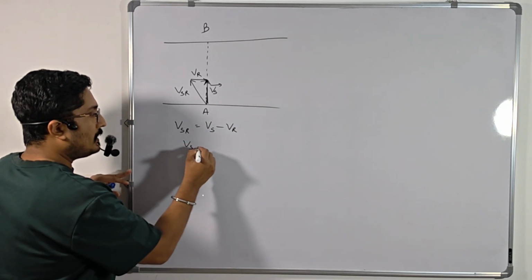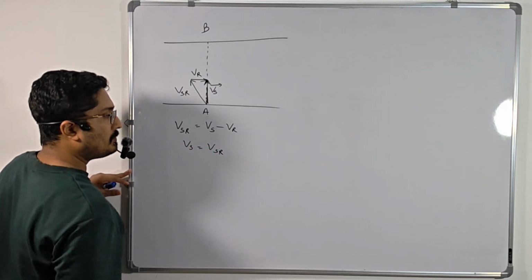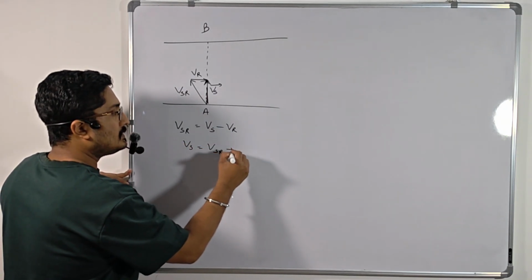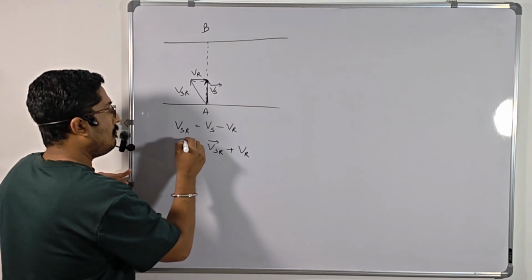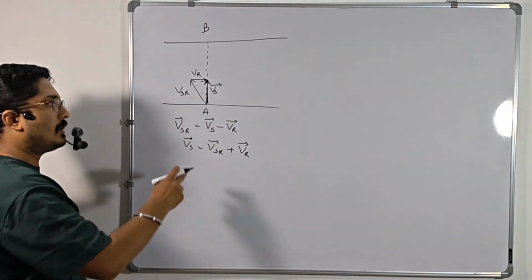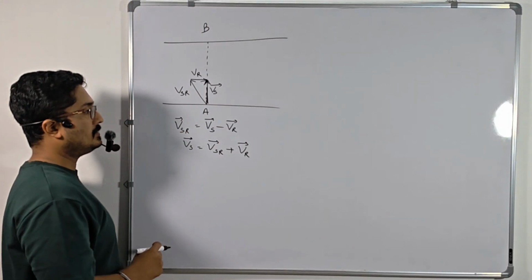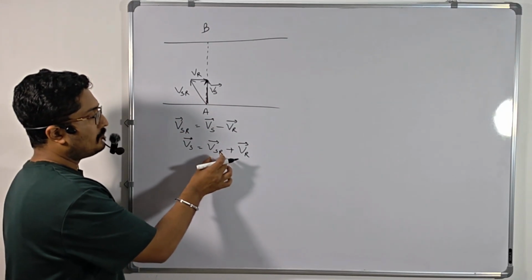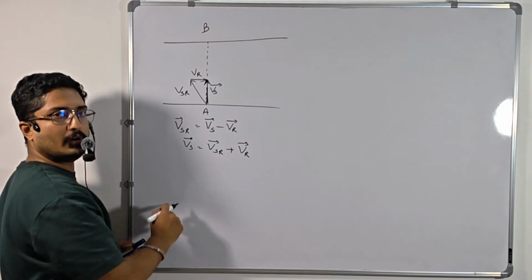Now velocity of swimmer can be written as velocity of swimmer with respect to river plus velocity of the river. These are all vectors I am talking about. It is the simple formula of vectors, the relative velocity concept. Now what is the velocity of the swimmer with respect to river?